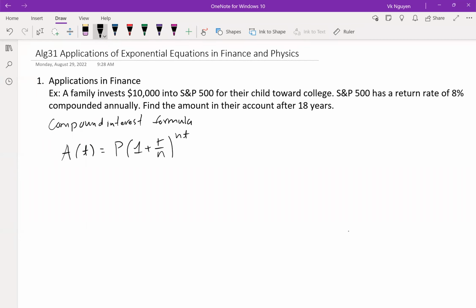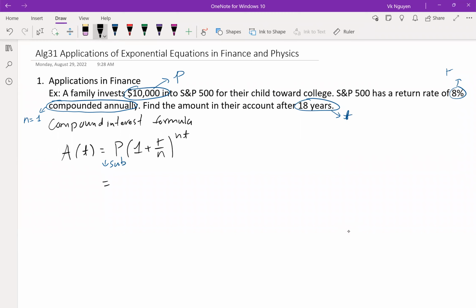P here is the initial investment, so 10,000, that's P. 8% annual return rate, that's r. Compounded annually, n equals 1. 18 years, that is t. And so what we do is just do the substitution.